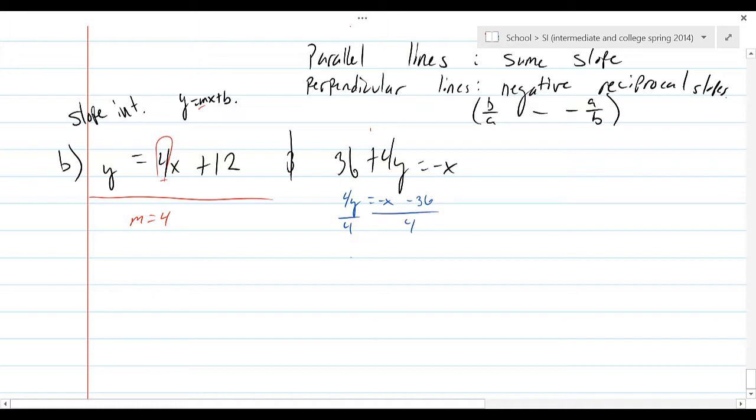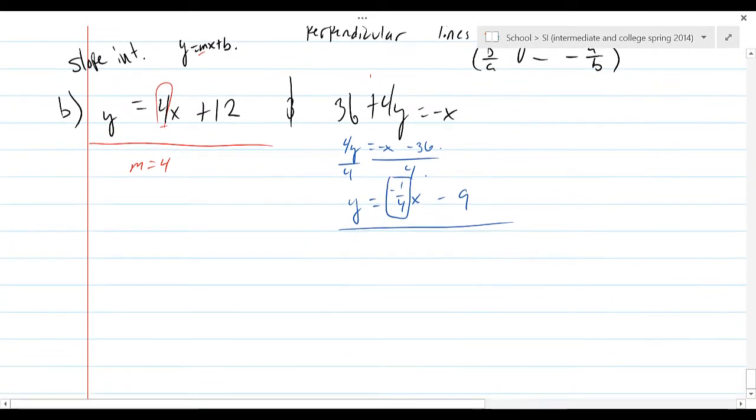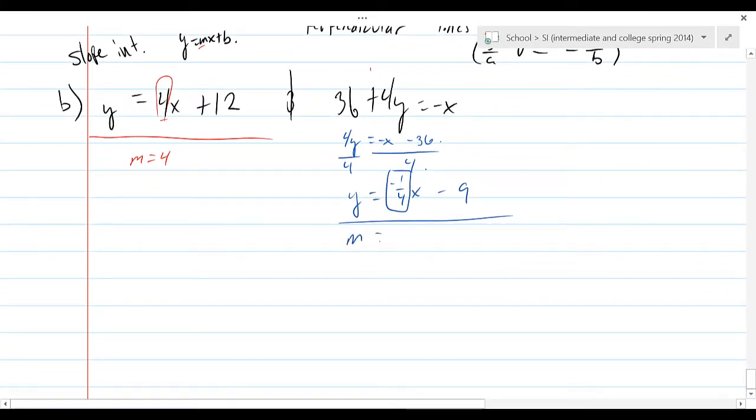So I get y equals negative 1/4 x minus 36 divided by 4 is 9. Okay, so here's my slope-intercept form. Here is my slope. So this m is negative 1/4. So, are they the same? No.